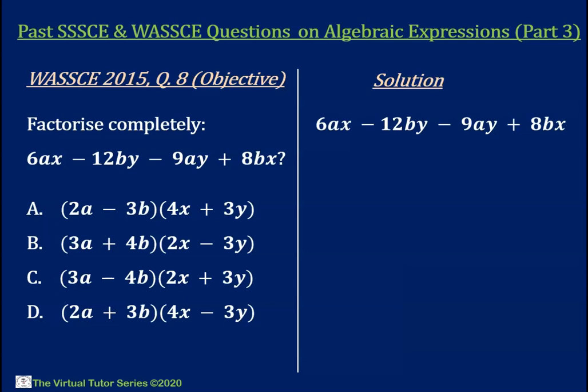So we have 6ax minus 9ay plus 8bx minus 12by. We can now put the first two and last two terms in brackets and factorize each group separately.